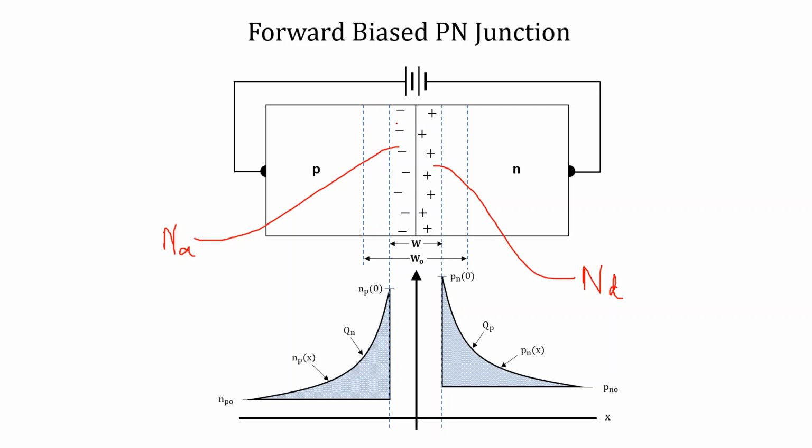Each ion will have a Q charge, so the total charge density here will be qNa and the total charge density here will be qNd. We also know that this distance is xp and this distance is xn.